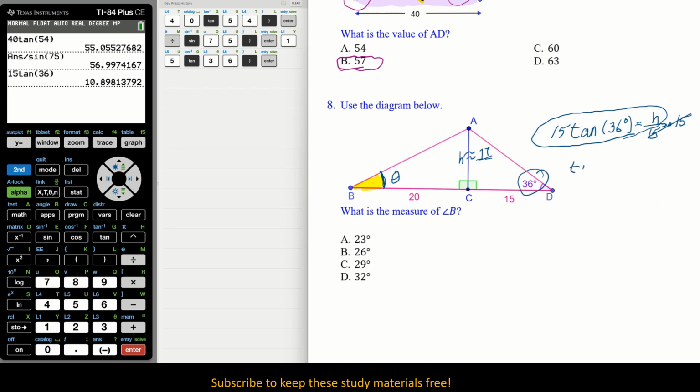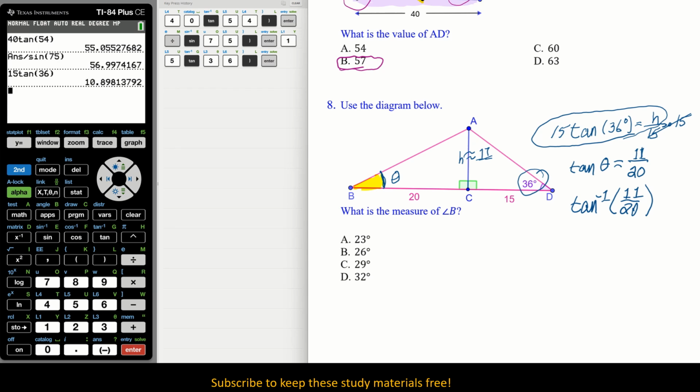So tangent theta equals 11 over 20. Okay. So that means we can use inverse tangent with the 11 over the 20, and we should get something decent. Okay. Let's see what we get.